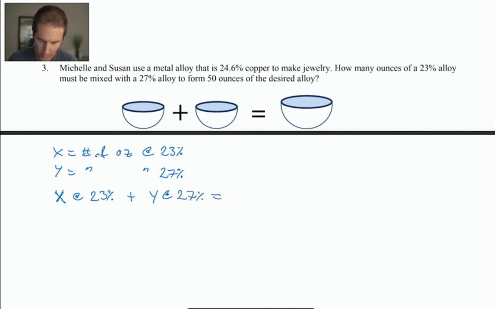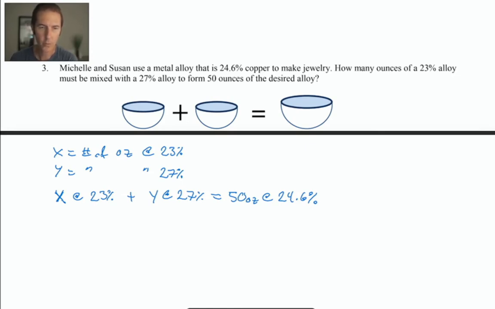And what we'll end up with is 50 ounces, I'll put the little OZ on there, at 24.6% concentration. So what we're looking at in this equation is volume and concentration, plus volume and concentration, equals volume and concentration.